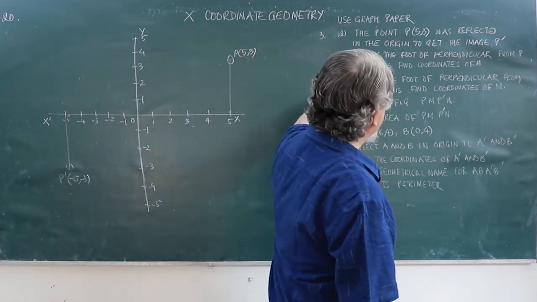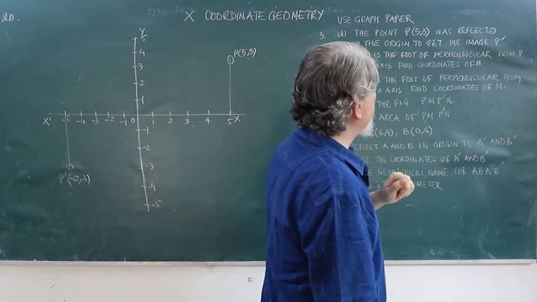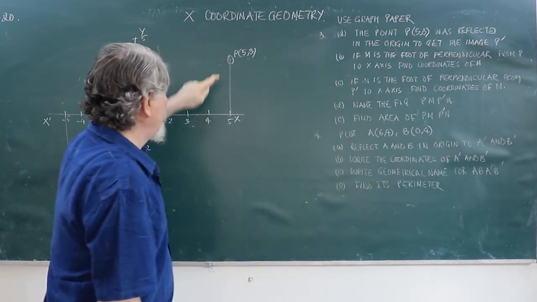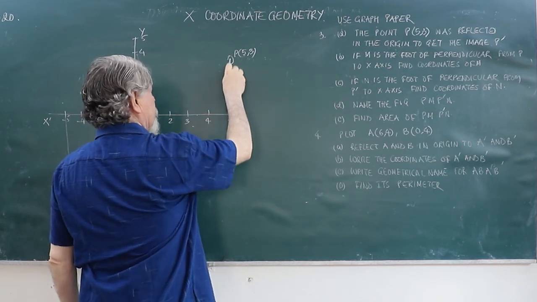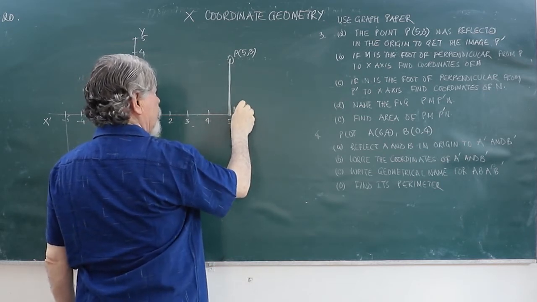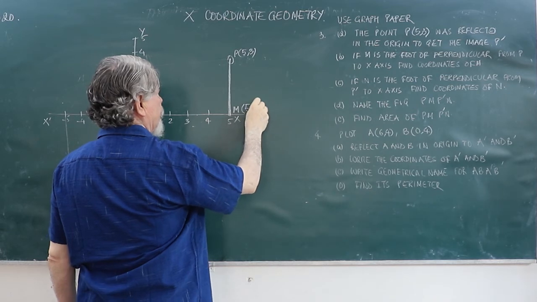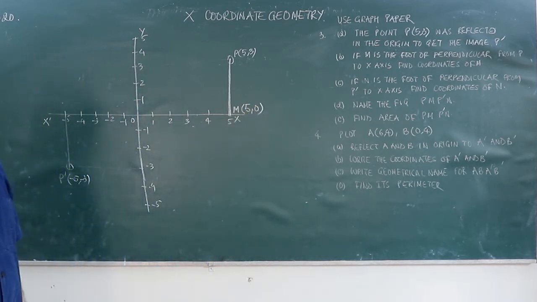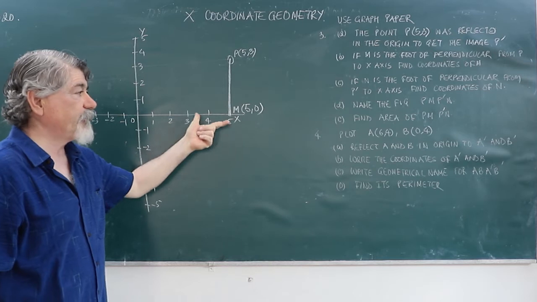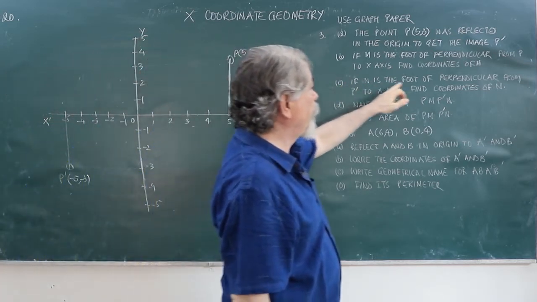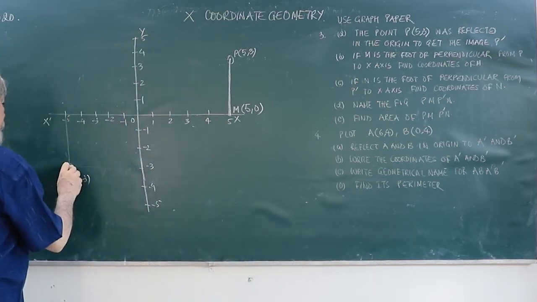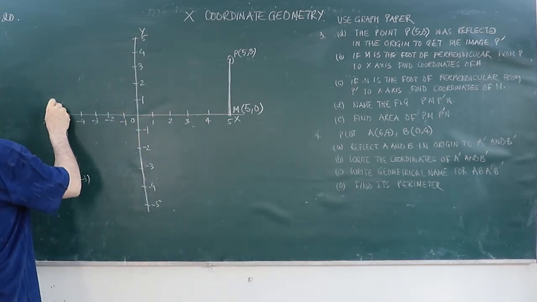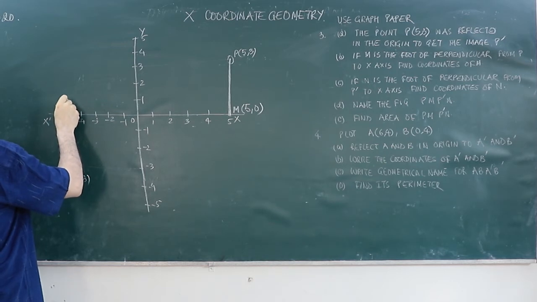Now he says if M is the foot of the perpendicular from P to x-axis, M is the foot of the perpendicular. So this is M, and the coordinates of M will obviously be 5, 0, because it is on x-axis and it is at a distance 5 from the origin. If N is the foot of the perpendicular from P dash to x-axis, so this is the foot of the perpendicular N, and the coordinates of it will be minus 5, 0.